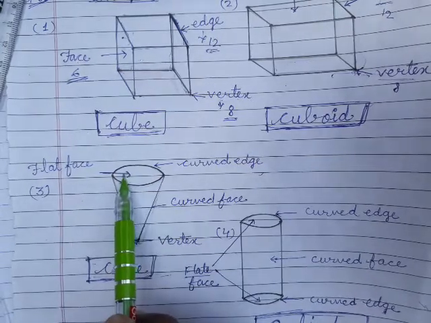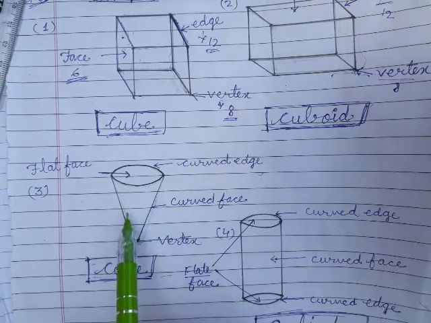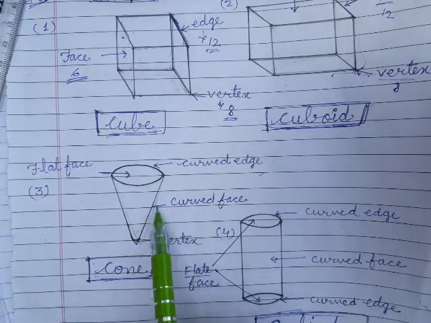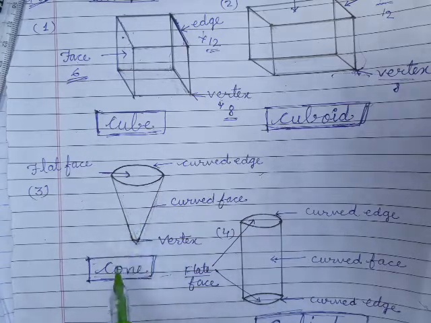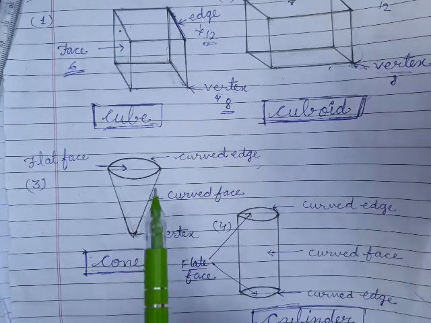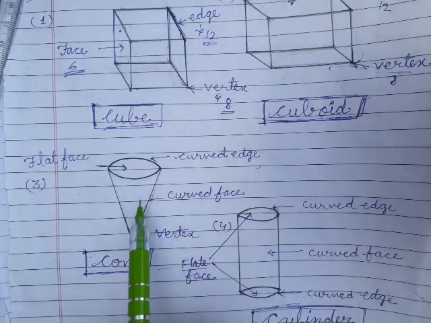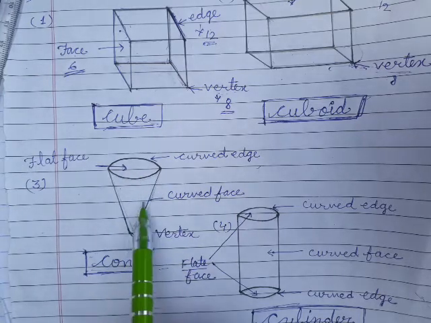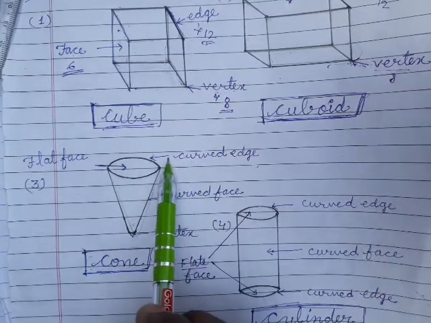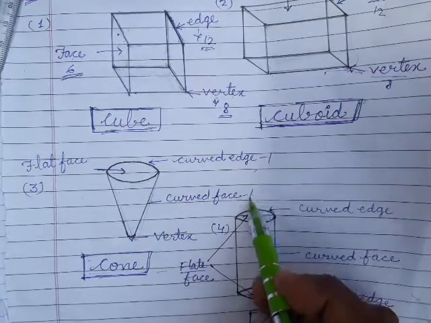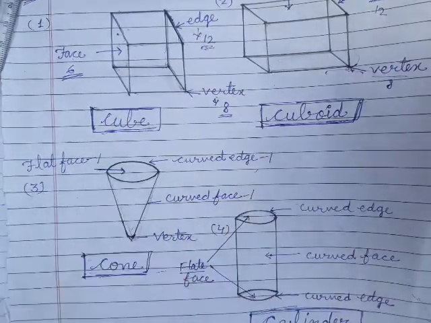It's called a flat face, and it's called a curved face. A cone has one flat face, one curved face, and one curved edge. 1, 1 and 1.